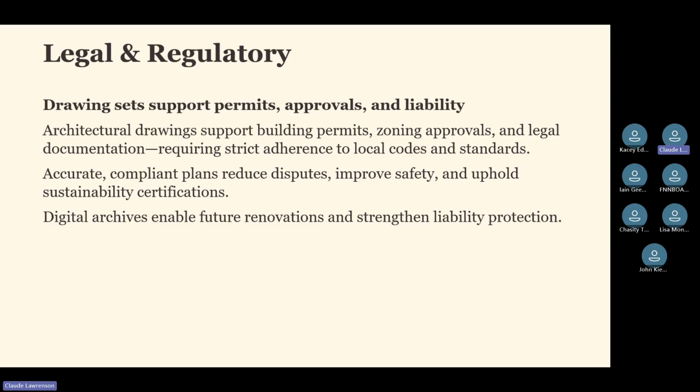Likewise, architects and engineers design so it will meet either the National Building Code or in some cases, a provincial code. Accurate compliant plans reduce disputes, improve safety, and uphold sustainability. Digital archives enable future renovations and strengthen liability protection.